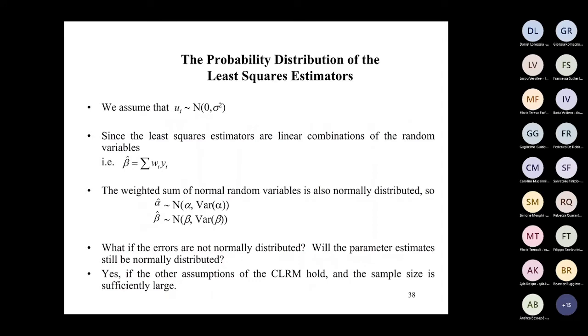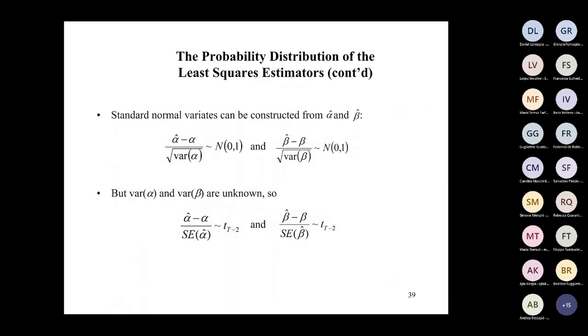So the probability distribution of the estimators: our estimate alpha hat would follow the normal distribution with mean alpha and the variance of alpha hat, and beta hat would basically do the same.